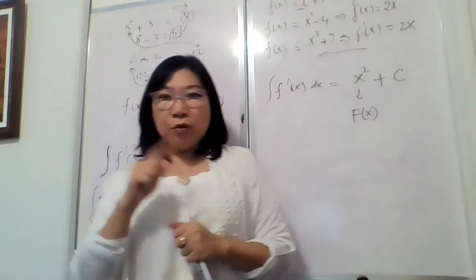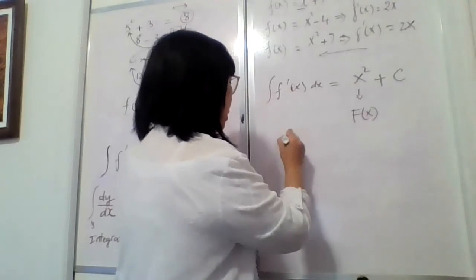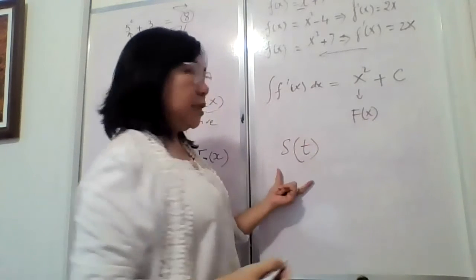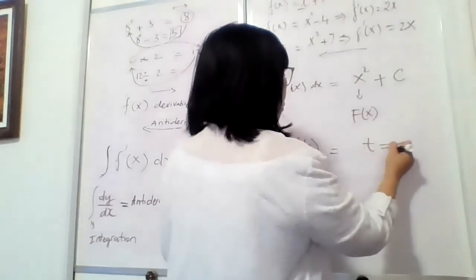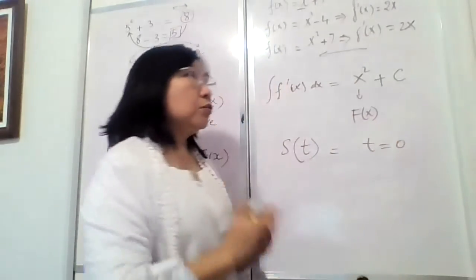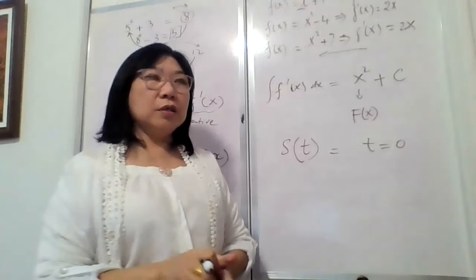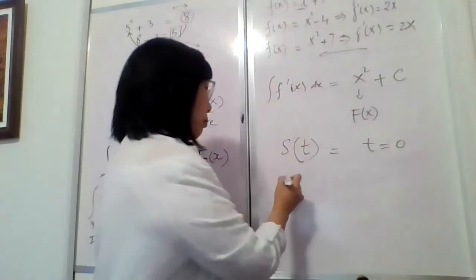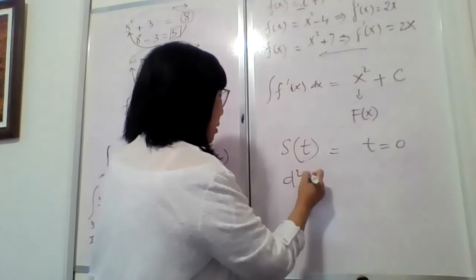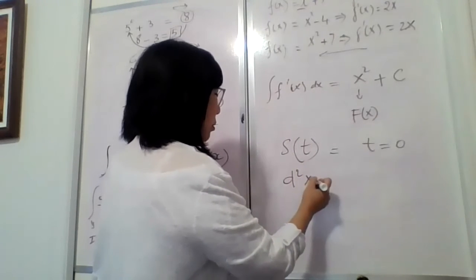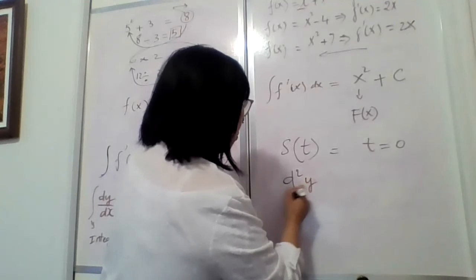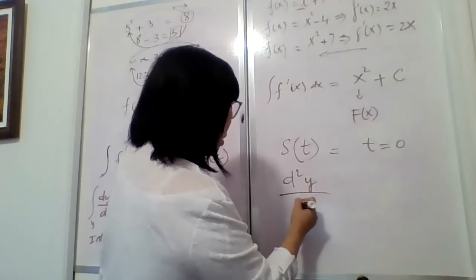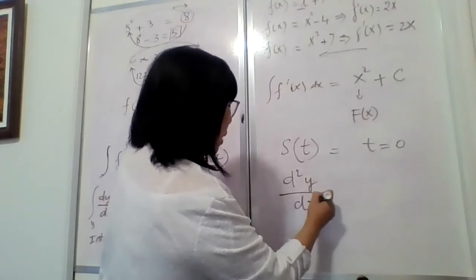Because if you have a function, let's say a position function, s of t, and you're given t equals 0, so when you throw the ball to the sky, that is actually the derivative of this, dy, the second derivative, d squared y over dx squared.